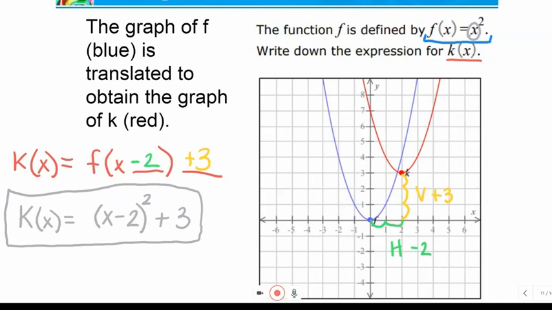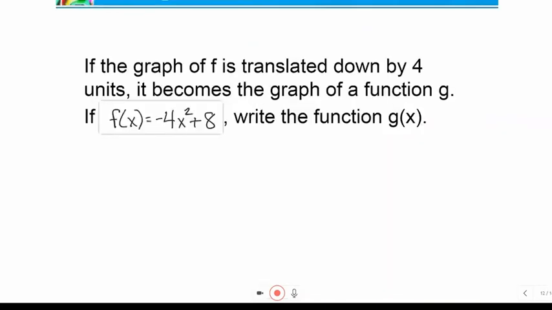The only other thing that might get a little tricky is if you're already given the equation and something else is happening. So for example, this is not a parent function. This isn't a regular quadratic with just x squared. You already have some transformations happening.